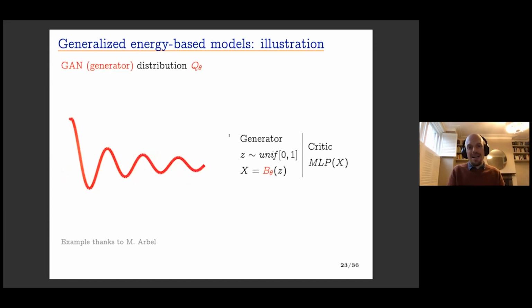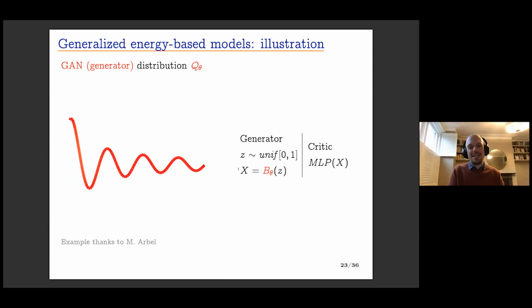Let's now see what a GAN might be doing. So here I'm using a GAN to generate targets, and I've in some sense used a simple generator here, such that the generator is able to capture the support of my distribution, but isn't able to capture variation of mass on that support.